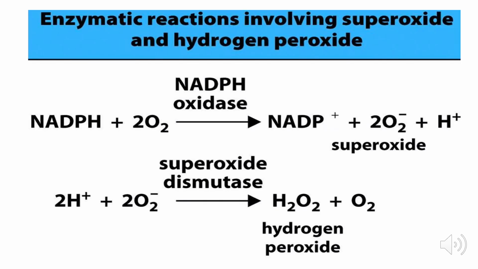How important is NADPH oxidase? It helps the cell to produce toxic oxygen radicals such as hydrogen peroxide and hypochlorite. Just take a look at the chemical reaction. Oxygen is made to react with NADPH with the action of this enzyme, NADPH oxidase. And one of the products is superoxide. Superoxide will proceed to the second reaction that is catalyzed by superoxide dismutase.